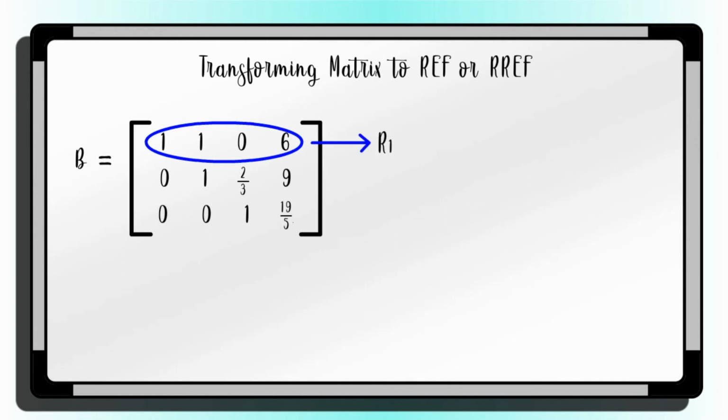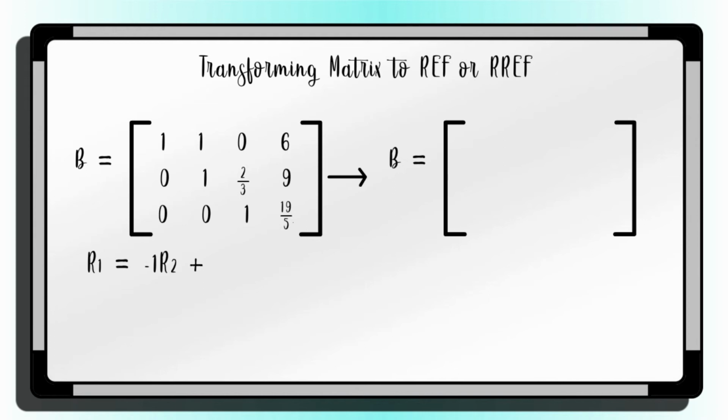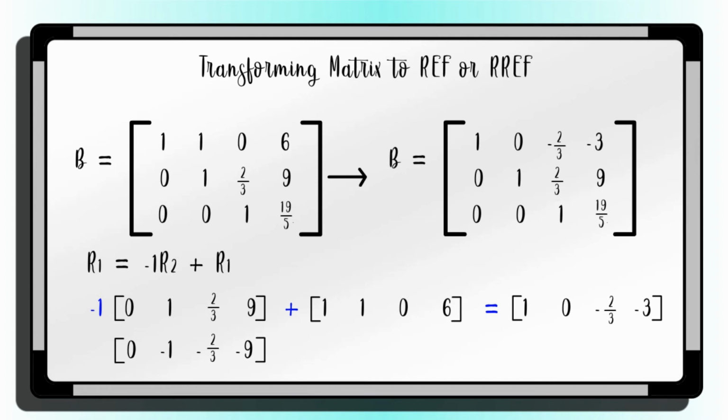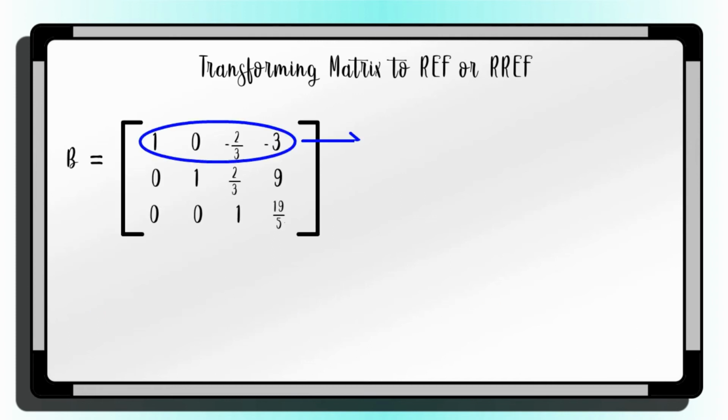Use type 3 operation by multiplying R2 by -1 and adding to R1. Then using type 3 operation again, multiply R3 by 2/3 and add to R1.